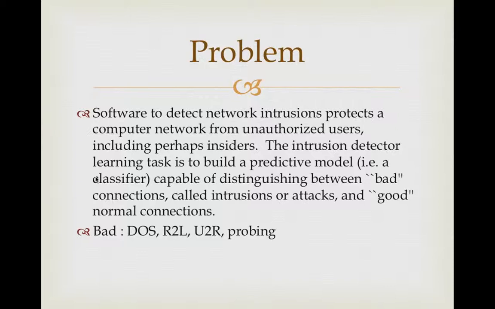So I have to build a model to solve this problem. Usually, those bad connections are divided into four main types, including DOS, R2L, U2R, and probing.